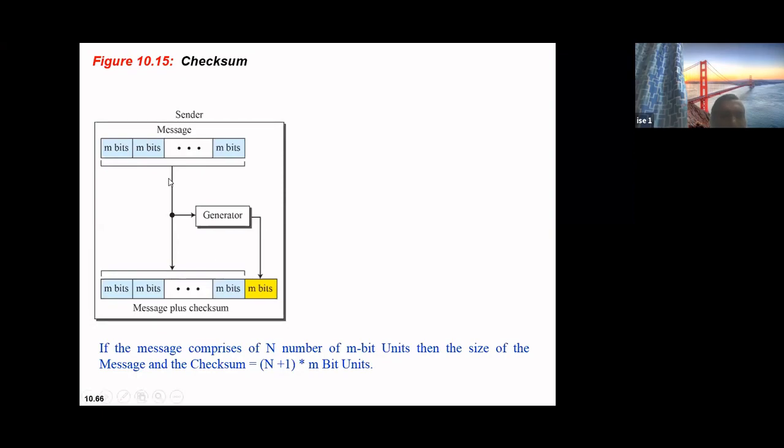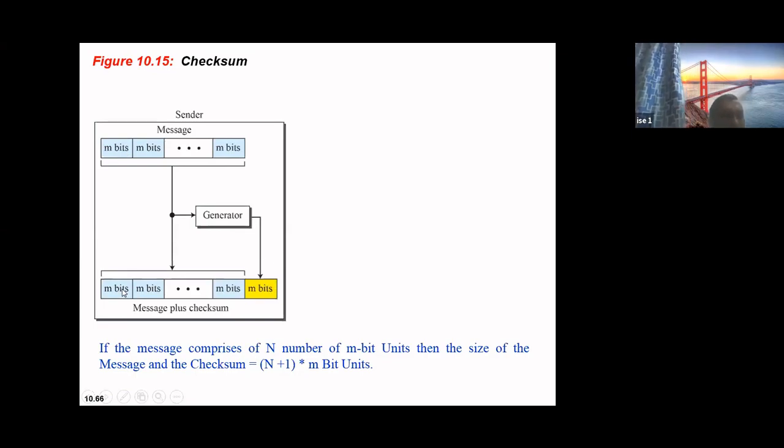Now I'll feed all these 40 bits, each unit of size 8 bits, to the generator. This generator will generate another m bit unit. If the size of m is 8 bits, the generator will generate another 8 bits.